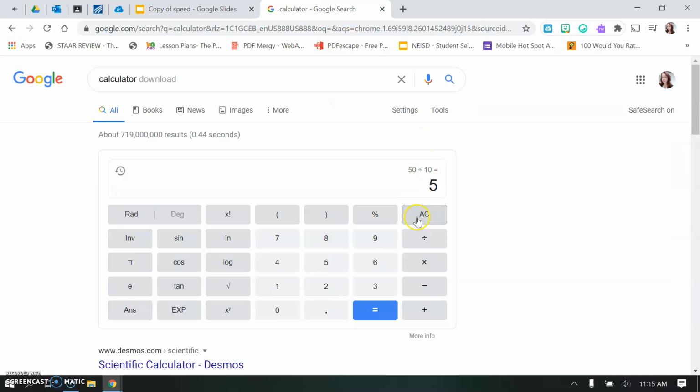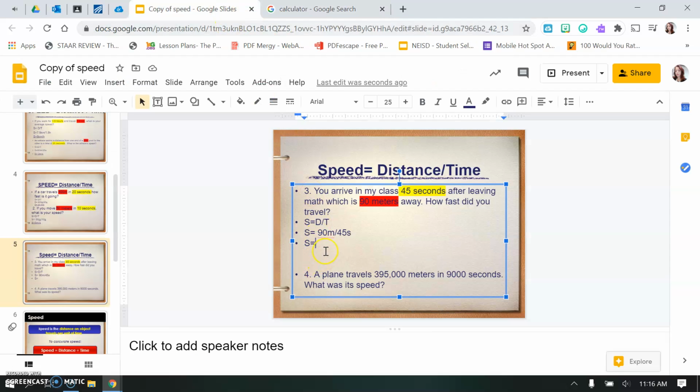So you can go back to your calculator. 90 divided by 45 gives us 2. 90 meters divided by 45 seconds gives us 2. But not just 2, you need to carry down your units. Our units were meters per second, right? So 2 meters per second. That would be your answer. I'm going to underline that.